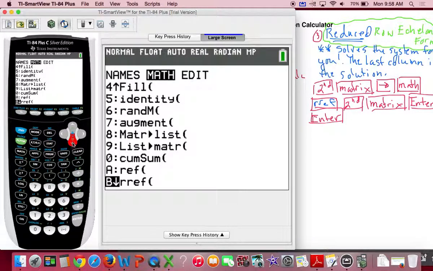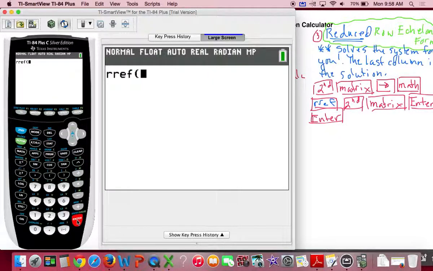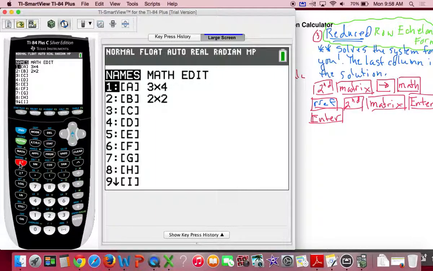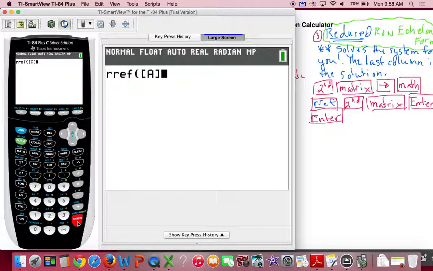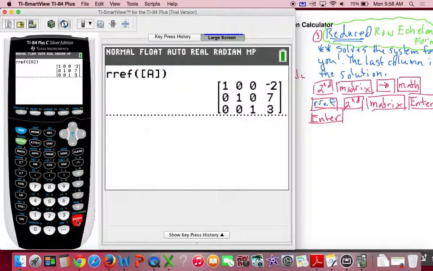There's your REF, but we want our RREF, so then hit enter. And then they want you to name the matrix, so second matrix. Hit enter to name matrix A, get in the habit of closing those parentheses, and hit enter again. So let's write down how that one looks different. Because this matrix looks like this.